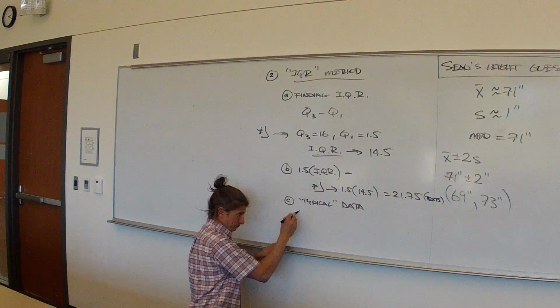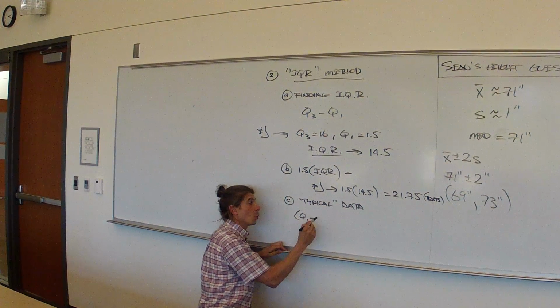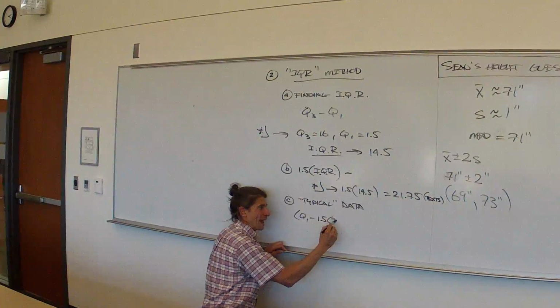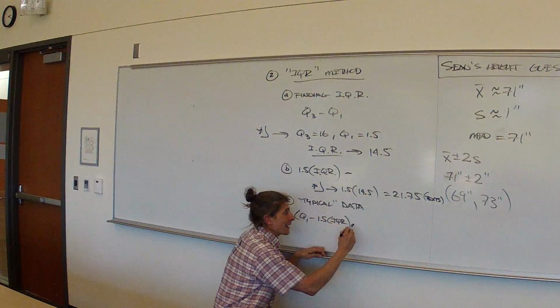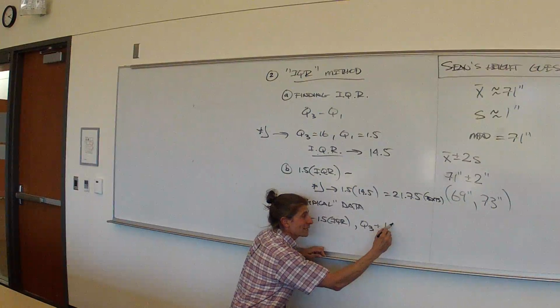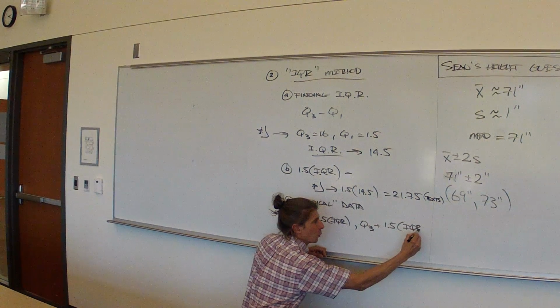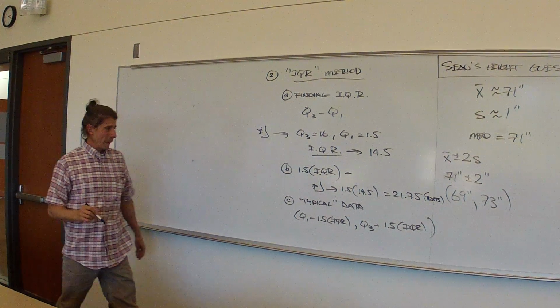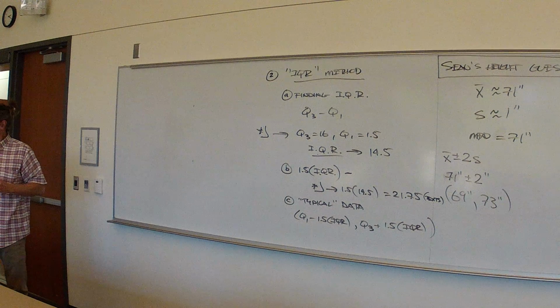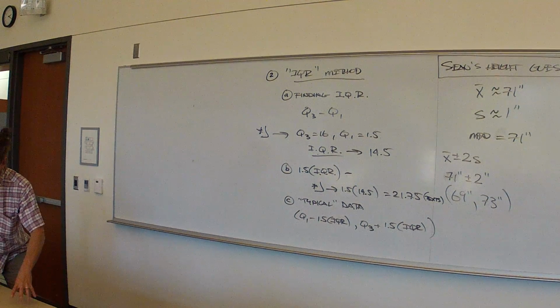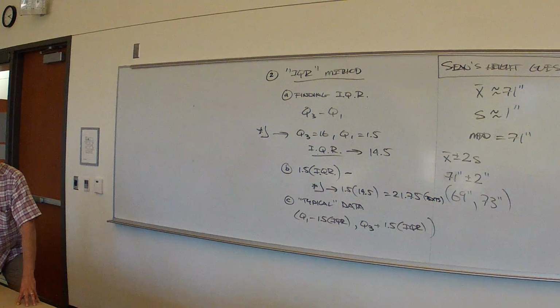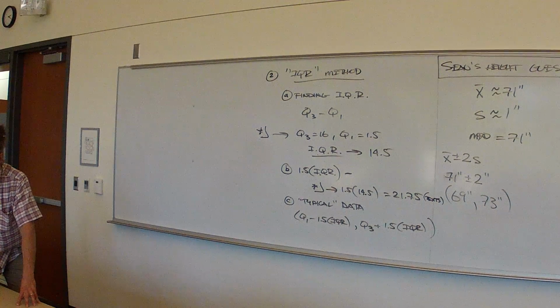The typical data is going to be either Q1 minus that 1.5 IQR, that's the low end of it. The high end of it is going to be Q3 plus that 1.5 IQR. That's the oddball move. And again, these aren't following natural laws. These are humanly created rules. So this is the one that they've created for IQRs.